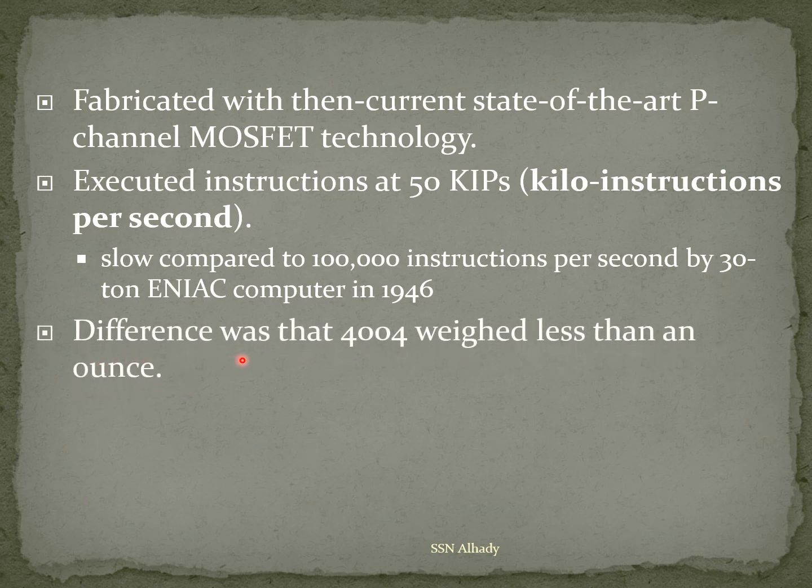The difference was that the 4004 weighed less than an ounce. That is the IC itself, but in order to make a system you require additional parts, for example power supply, crystal, memory, and so on. But the IC 4004 is less than an ounce.